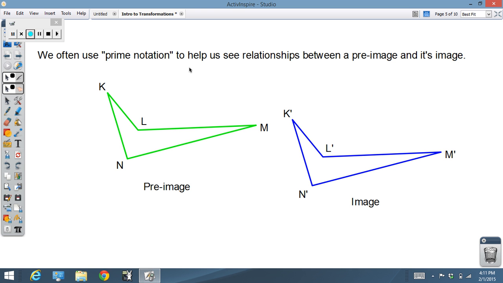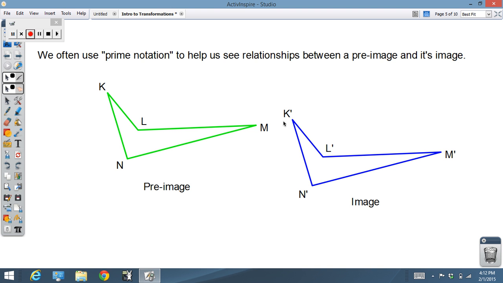Next, we often use what's called prime notation to help us see relationships between a pre-image and its image. So here we've got a pre-image in green, and its image after the translation is written here in blue.